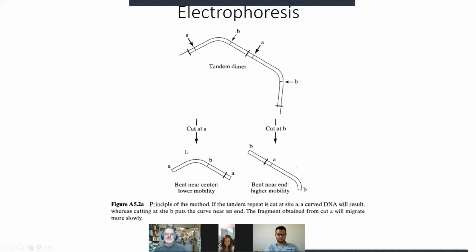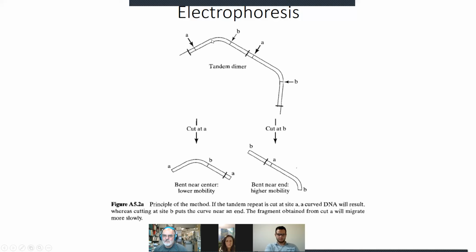So if you have a small piece of DNA, and I'm not giving size here, where there's some kind of a natural curve, and then another piece of DNA that's essentially linear with a smaller bit of curve or no curvature, but of the same essential size, they will have different mobilities because the piece with the curve will have a different shape and it will migrate differently in a gel. And so you can actually see this in gel electrophoresis.